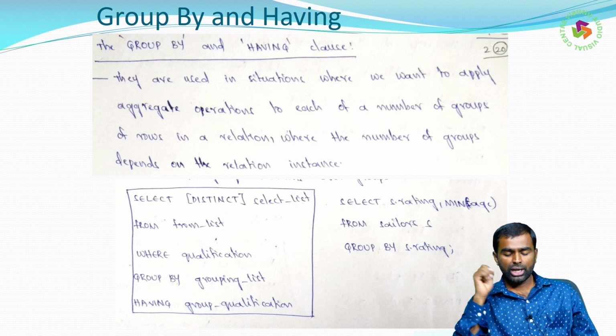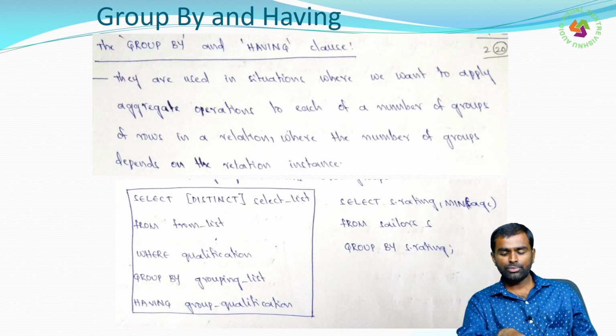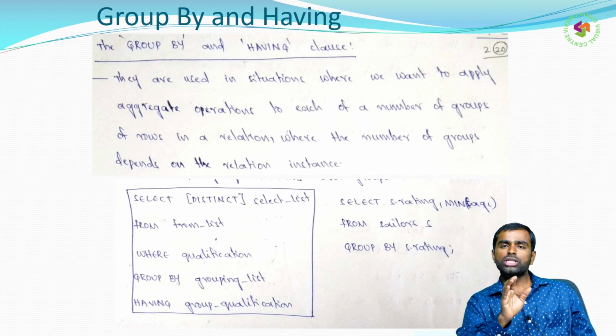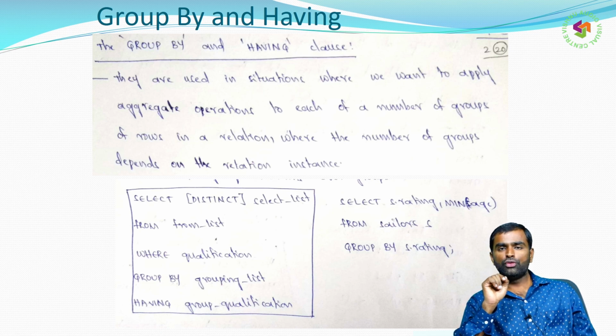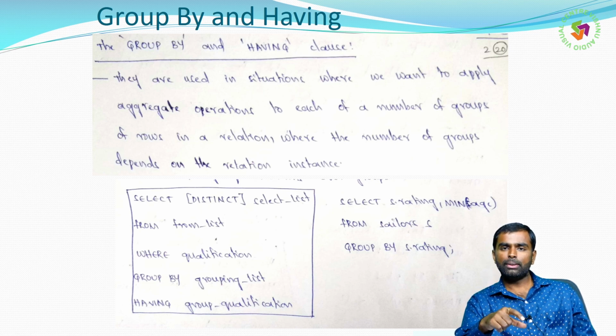Here you can see the syntax: select list. If you want a distinct, unique list, not repeated values, then you have to give distinct. From list is nothing but from table. From however many tables you want to retrieve the data, that number of tables you have to specify. If you need only one table, in the from portion you will give one table.